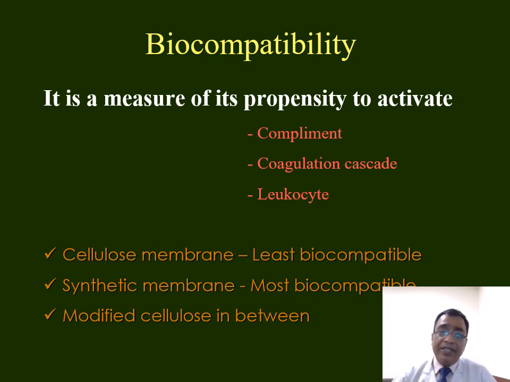How this material reacts to the body, a cascade of SIRS or inflammatory markers, actually determines the bioincompatibility. So if the material causes less activation of complement, coagulation cascade or leukocytes, it is more biocompatible. Cellulose membrane is the least biocompatible.